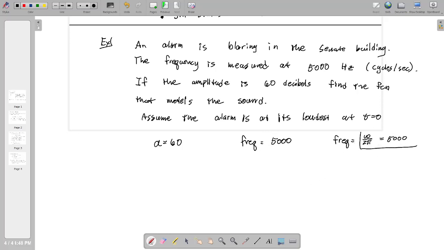So we just need to solve for omega in this equation. Multiply the 2 pi over, and we get omega is equal to 10,000 pi. Once we have that, we can just write out our function. So y is going to equal 60 cosine 10,000 pi times t.